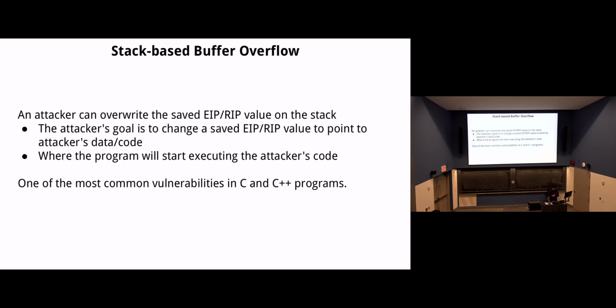So this is one of the most common vulnerabilities in C and C++ programs, because we have the return address on the stack. We have other code pointers in C++. You can use code pointers to point to functions. So as long as you overwrite those code pointers, at some point they are used, and then you execute your code. Especially in C++ programs, with object-oriented designs, at the beginning of every C++ object there is something called a vtable, a virtual table.